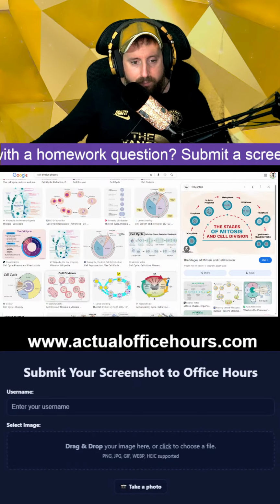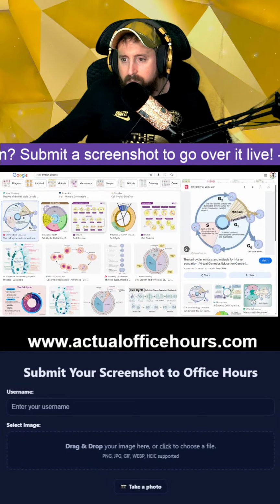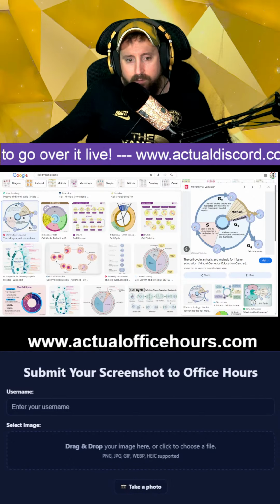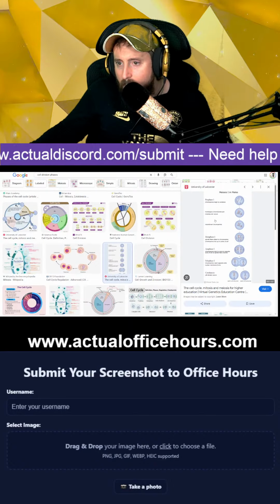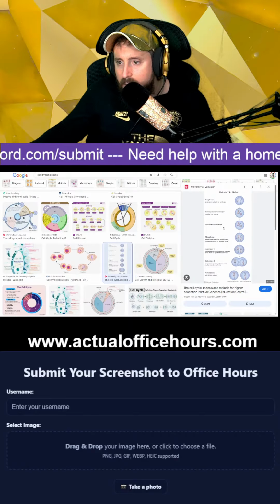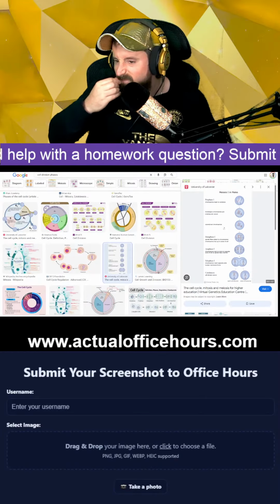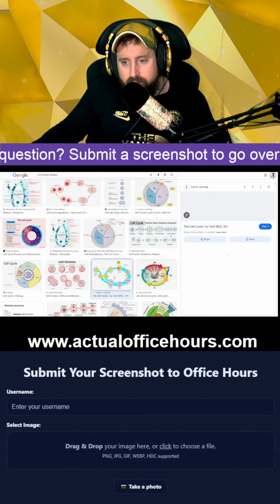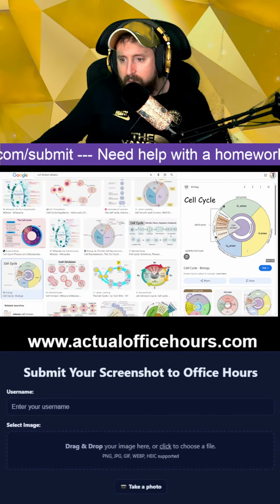Need a better diagram. Okay, they call this whole thing interphase.